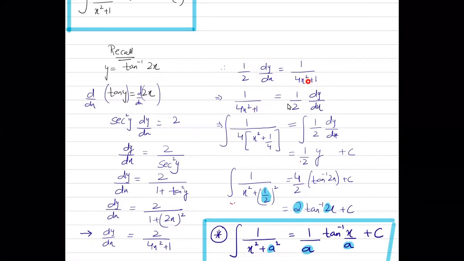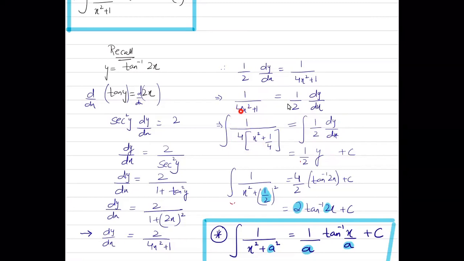I'm rearranging it and writing it as 1 upon 4x square plus 1 equals half times dy by dx. Is that correct? Yes, sir. So if you are going to integrate both sides now, I can apply integration on both sides, and the integration of 1 upon 2 dy by dx is going to be 1 upon 2 y plus c, and the integration of 1 upon 4x square plus 1 is on the left hand side.